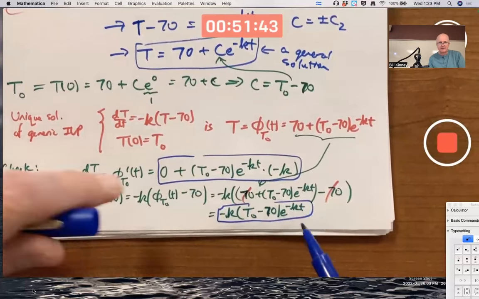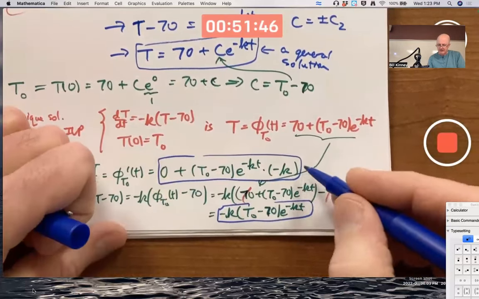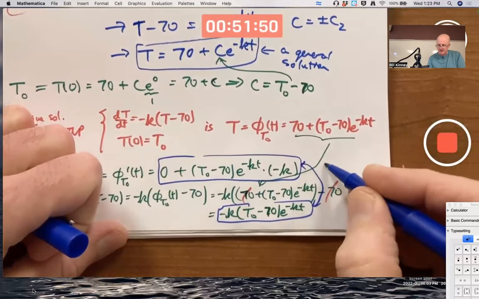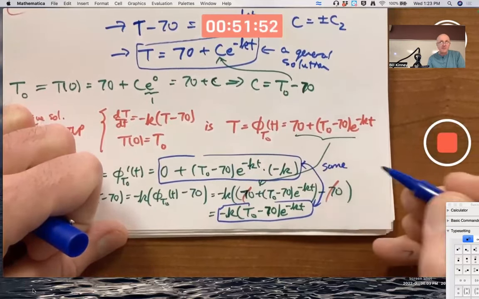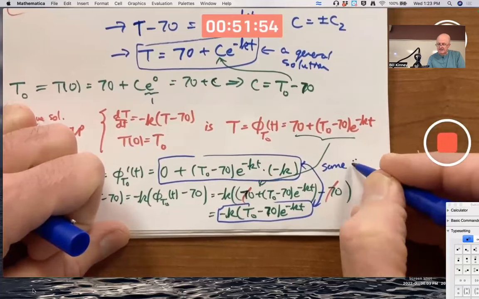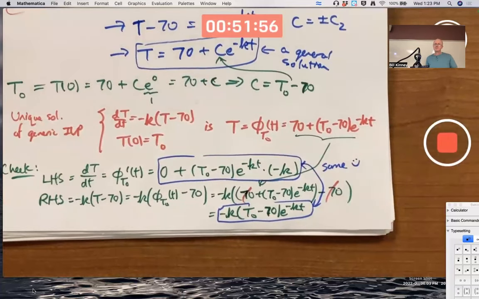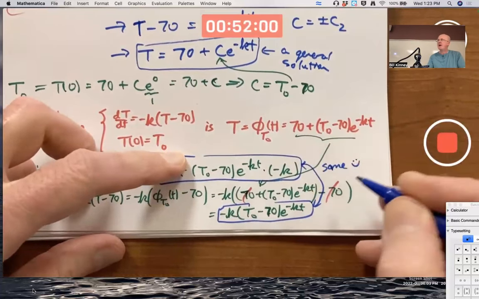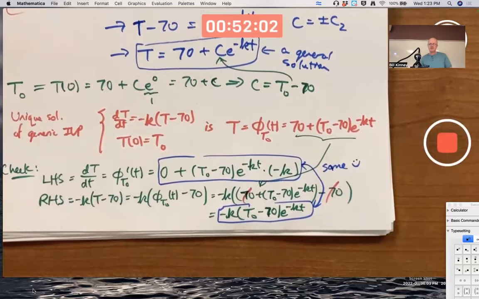I could get rid of the 0 there and put the negative k in front. These are the same function of t. We are happy it's a solution. I wrote same there. I think I wrote match other times. There's a match. That's enough to mean it's a solution. If you did not get the same function of little t, it would mean it's not a solution.